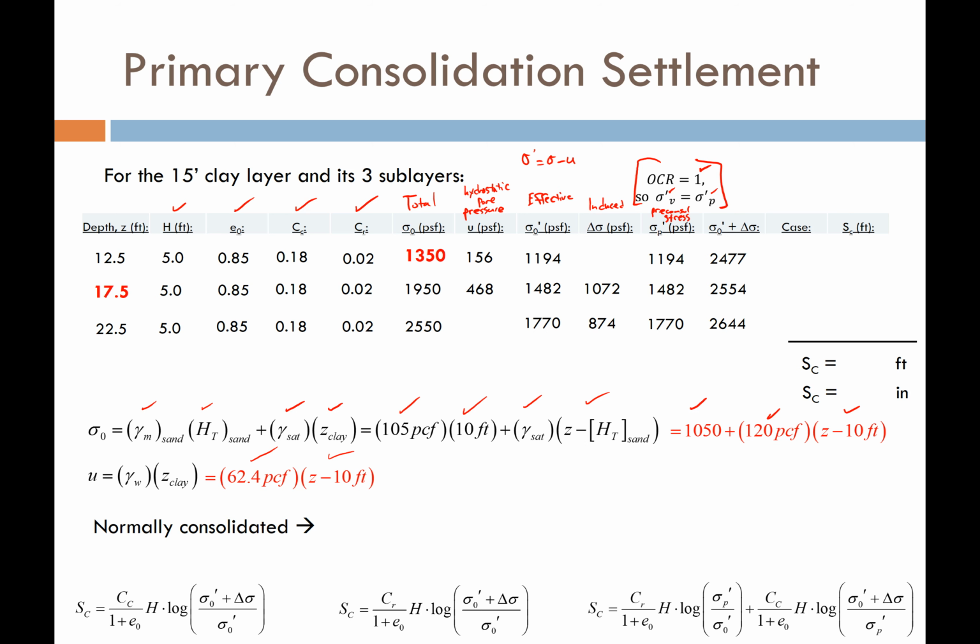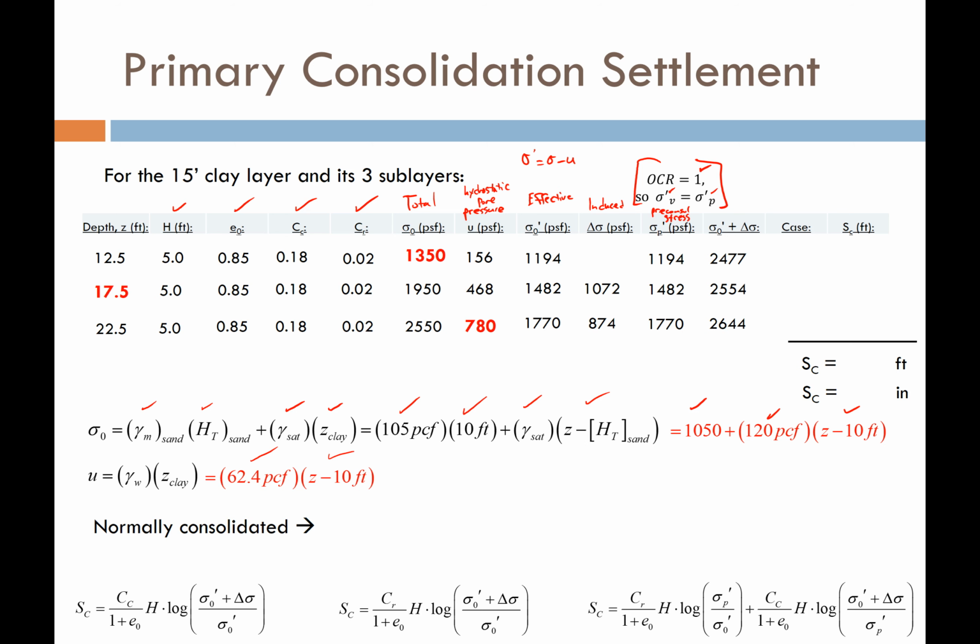So anyway, when I plug in this 22.5 into Z for that equation, I compute a value of 780 pounds per square foot for my water pressure. And then I compute effective stresses as total stress minus pore pressure, and that's where I get all of these values. Okay, now induced stress, you are going to remember that we computed that already for the circular loads.